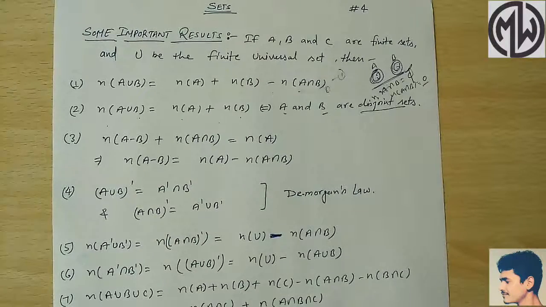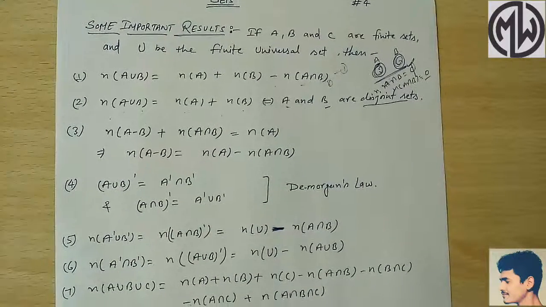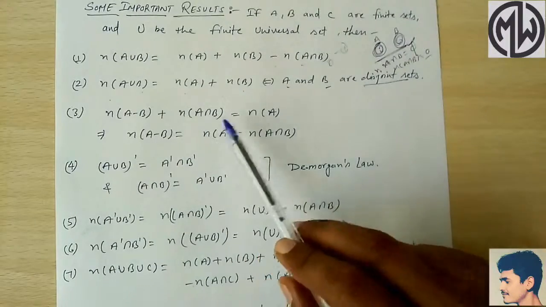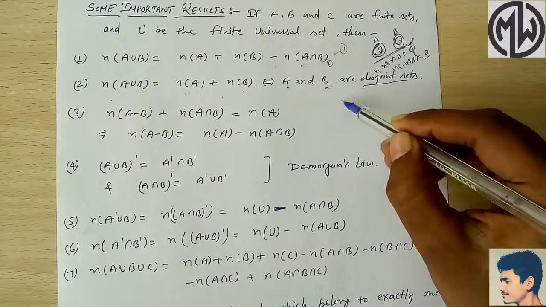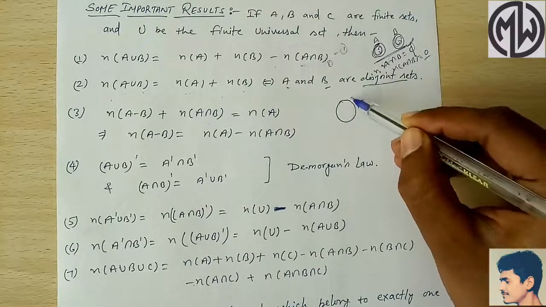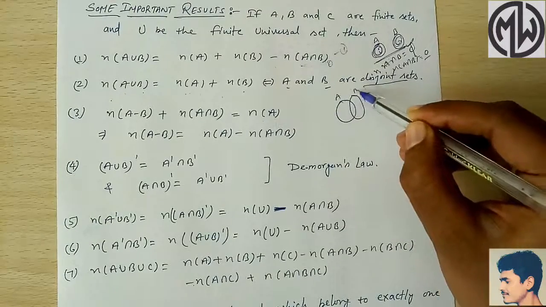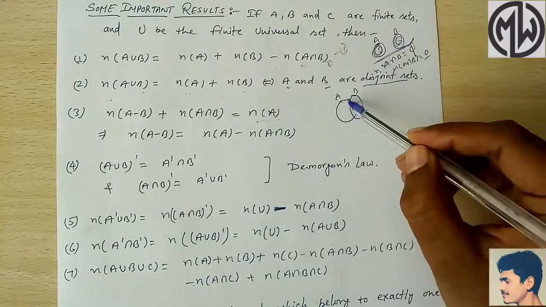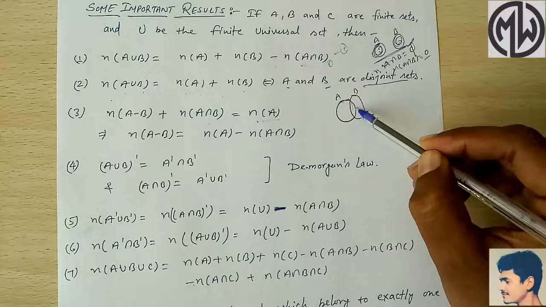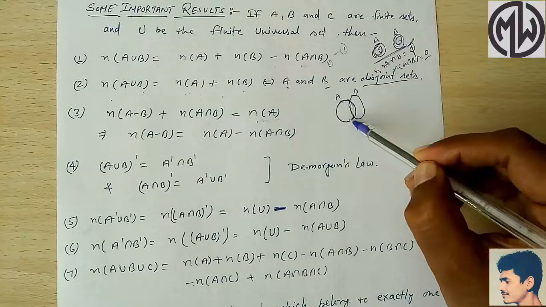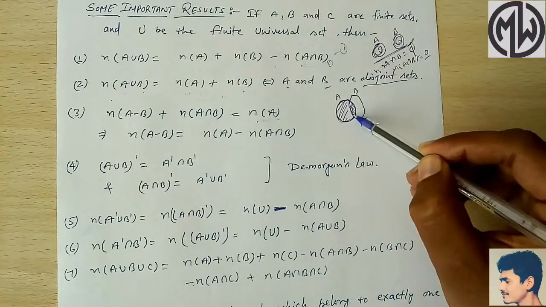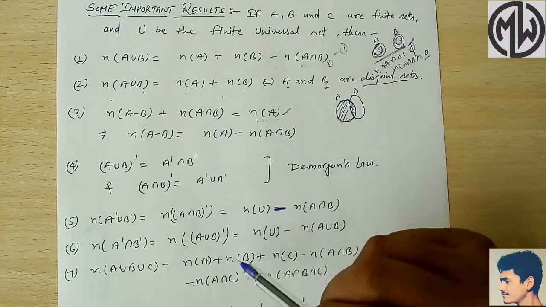Alright. So our third result is: number of A minus B plus number of A intersection B is equal to n of A. We will see it by the diagram. If this is A, this is B, this is A intersection B, then n of A, the number of elements in set A, can be written as number of elements in A minus B plus number of elements in A intersection B. That is what is written here.